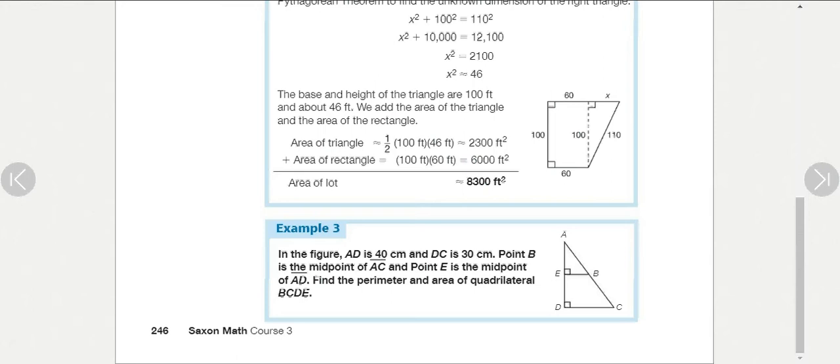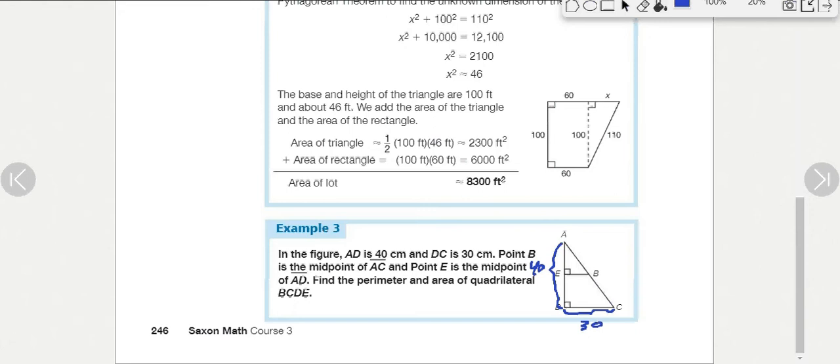In this figure, AD is 40, DC is 30. So that's talking about AD would be from A to D is 40. DC is 30, that's from here to here.